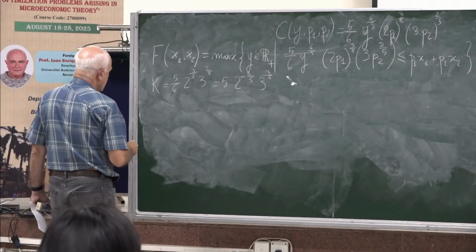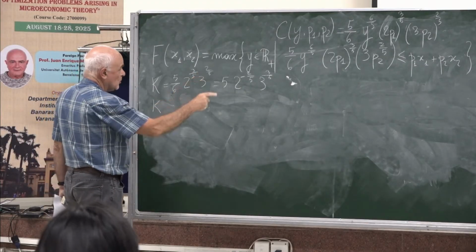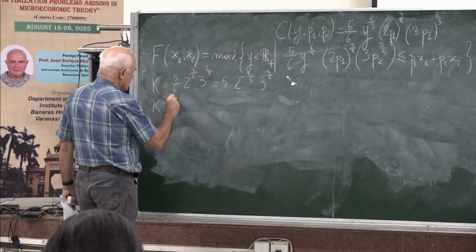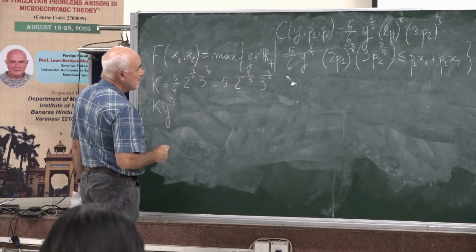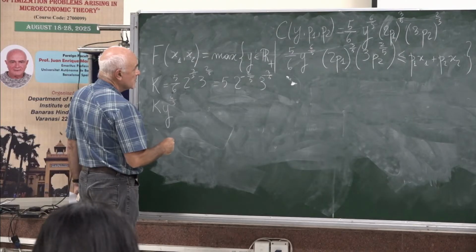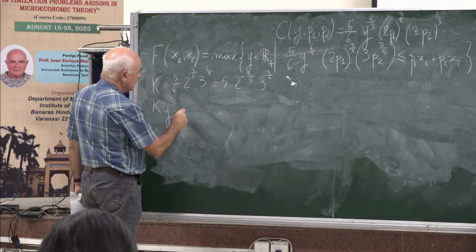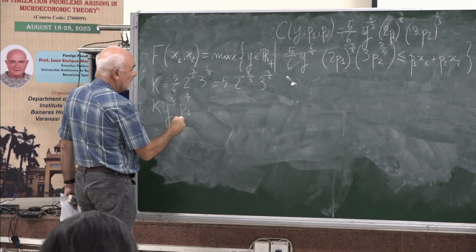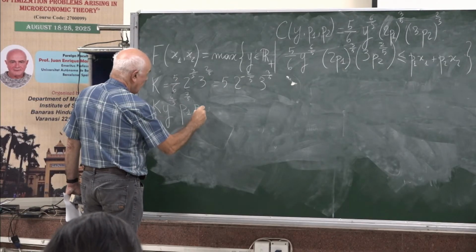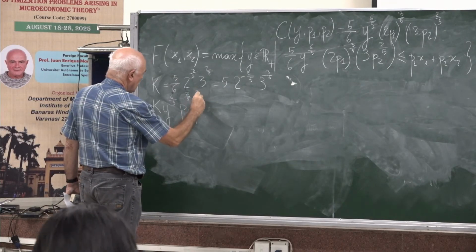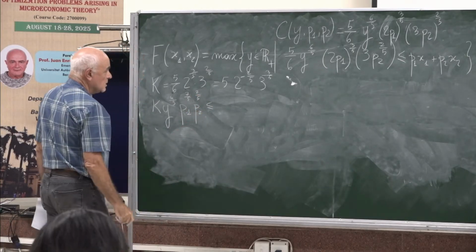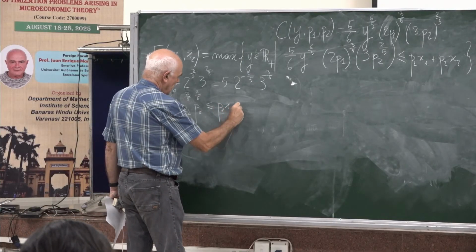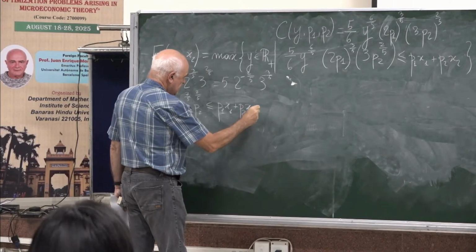So the problem we have to solve is k y to the power 6 over 5 P1 to the power 3 over 5 P2 to the power 2 over 5 less than or equal to P1 x1 plus P2 x2.